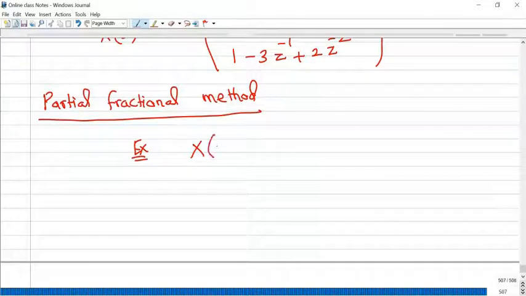Follow that procedure. Simple pole; suppose a pole is repeated 2 times; suppose poles are in the form of ax square plus bx plus c. Then how to do the partial fraction? I taught 3 methods in the Laplace transform. You follow the same procedure here also.